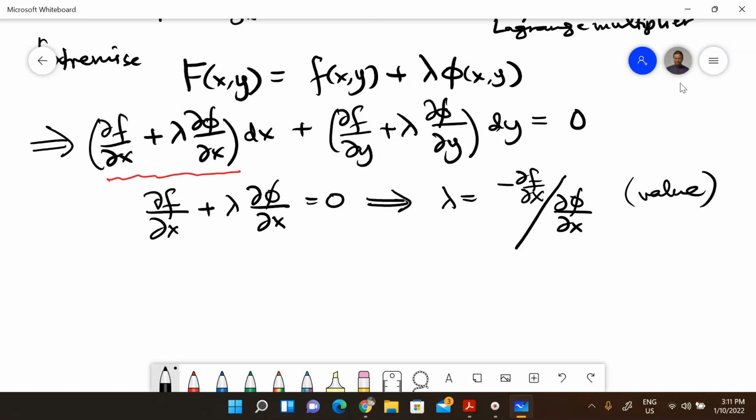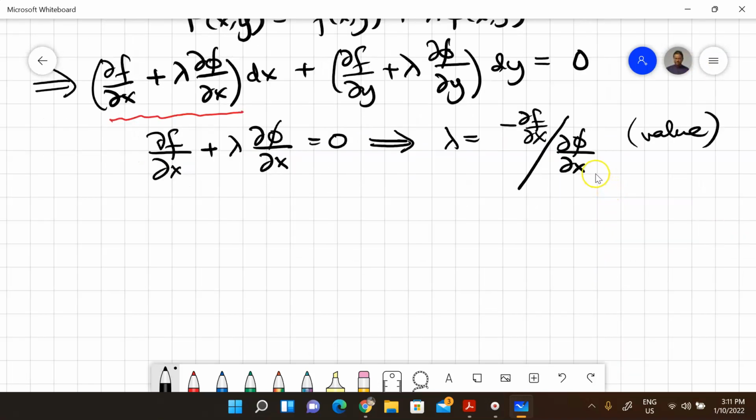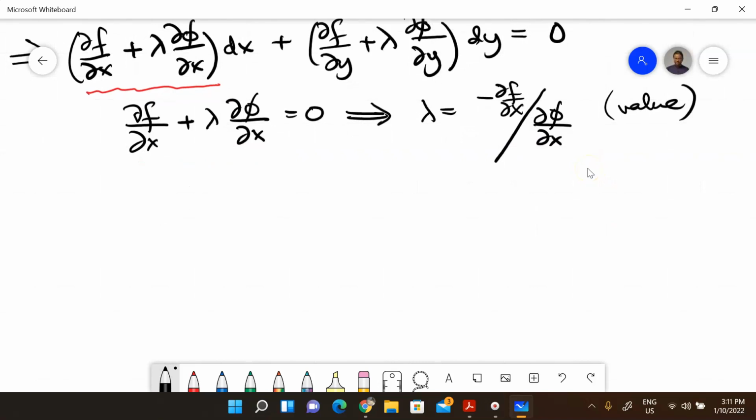So let's demonstrate this particular technique with the same example that we had earlier. The example here is the one before, where small f of x, y is your distance that you want to minimize or maximize depending on the situation.